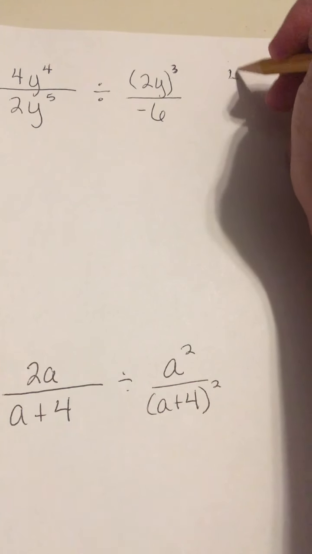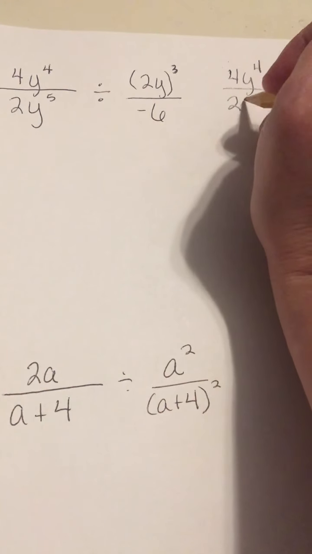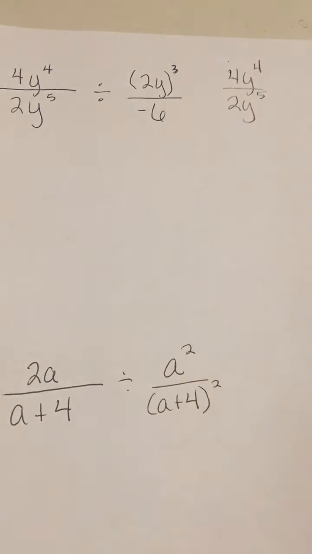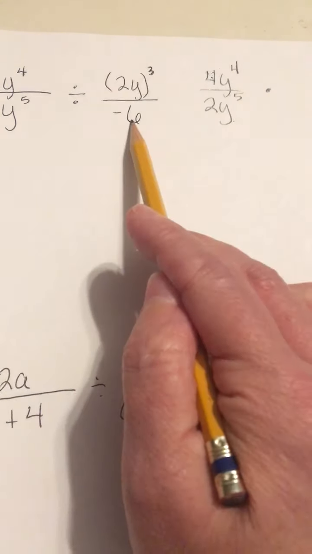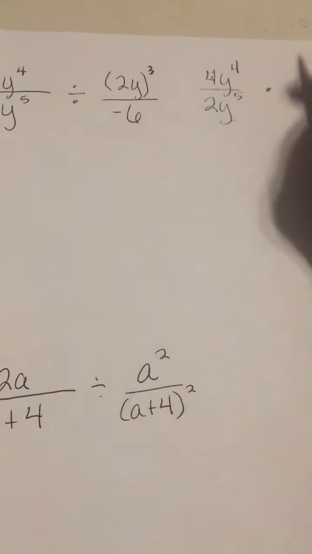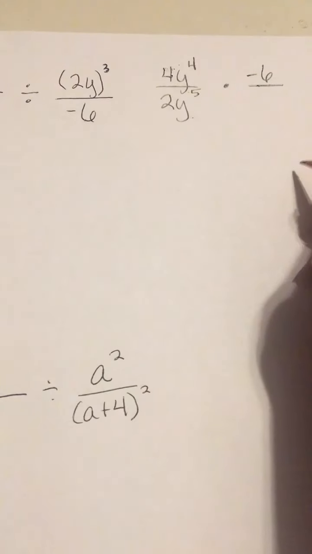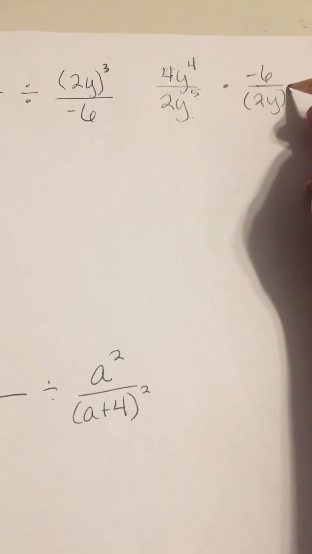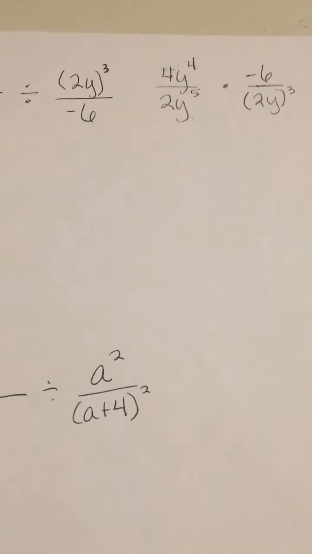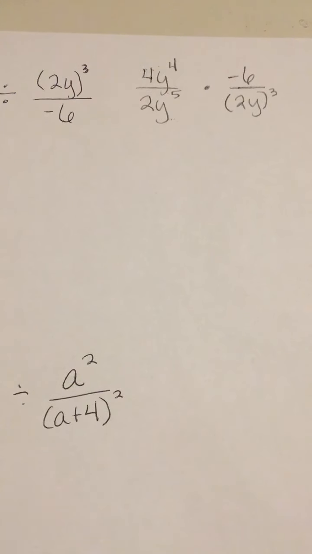So you'll have 4y to the fourth over 2y to the fifth. And I'm going to change this to multiplication, and I'm going to flip this second one. So now I'll have negative 6 over parentheses 2y to the third. So all I've done is I've changed this to a multiplication problem.